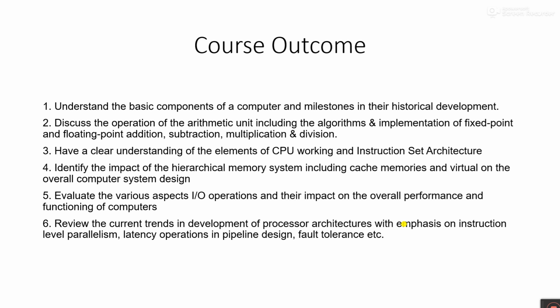Architecture and processors are important to understand how current systems are designed, so we will discuss the current and future trends. This must be known by an engineer, and especially when we discuss artificial intelligence and machine learning, it is very important to understand how the processor architecture works.